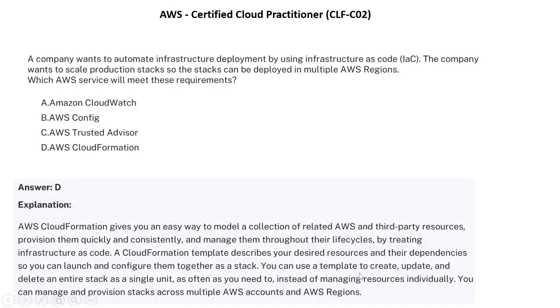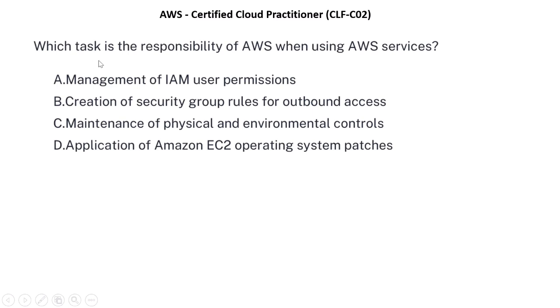You can use a template to create, update, and delete an entire stack as a single unit as often as you need to. Instead of managing resources individually, you can manage and provision stacks across multiple AWS accounts and AWS regions.